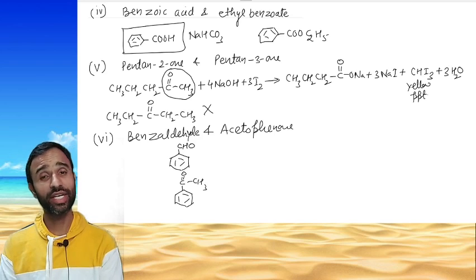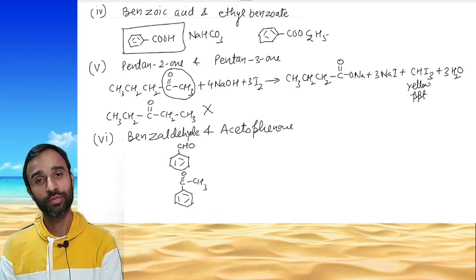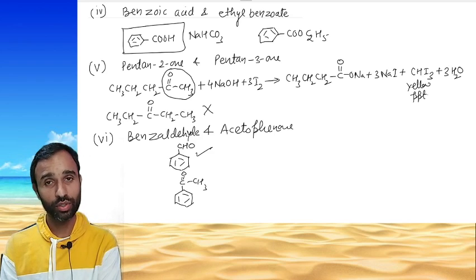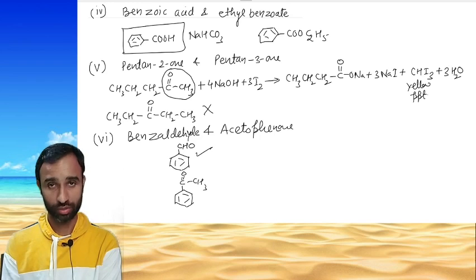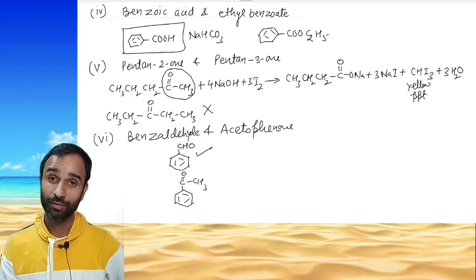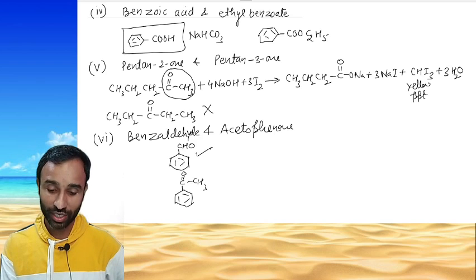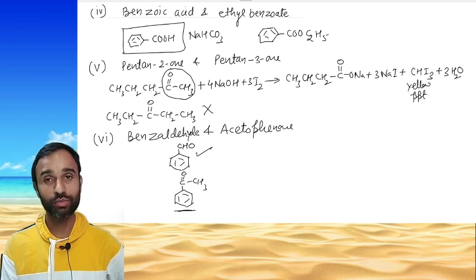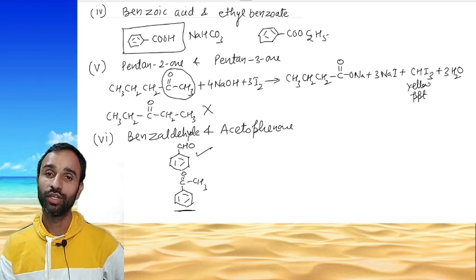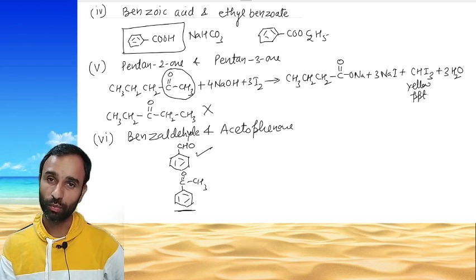So it is an aldehyde and a ketone. So you can use the Tollens reagent test. Benzaldehyde will give the Tollens reagent test, the silver mirror test, but acetophenone does not give this test. Or, acetophenone is a methyl ketone, so it gives the iodoform test, but benzaldehyde does not give the iodoform test.